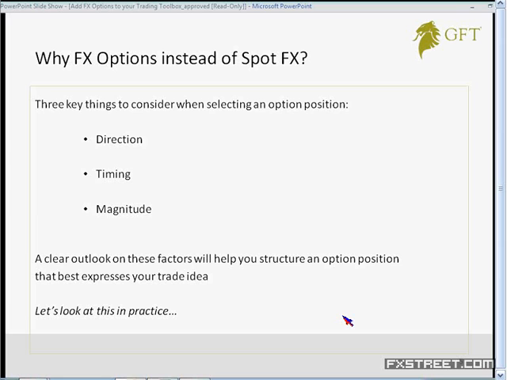But going to magnitude now, we're talking about the size of the move that you're looking for within your relevant time frame. When you buy an option, it's important to consider that you get enough movement in the underlying to pay for that purchase. We looked at what your break-even price would be on one of those euro puts.